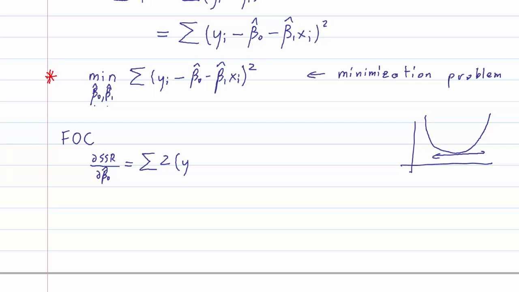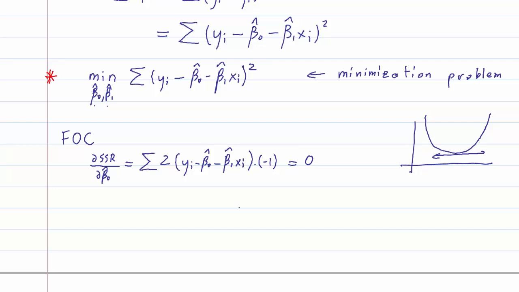And then we have the same thing, yi minus beta 0 hat minus beta 1 hat xi. And then we have to multiply by the derivative of minus beta 0 hat, which is just times minus 1. And we have to set this equal to 0.